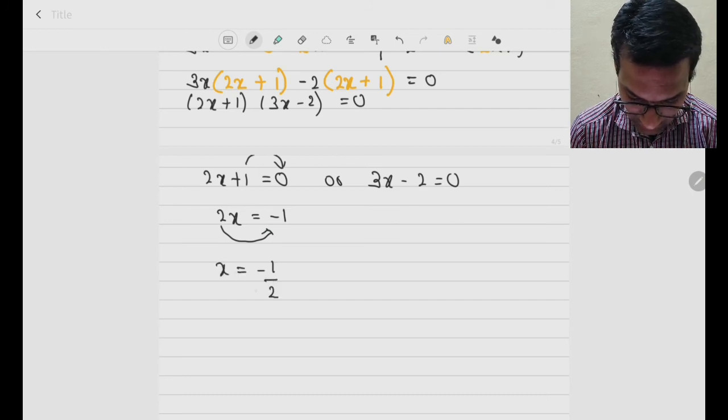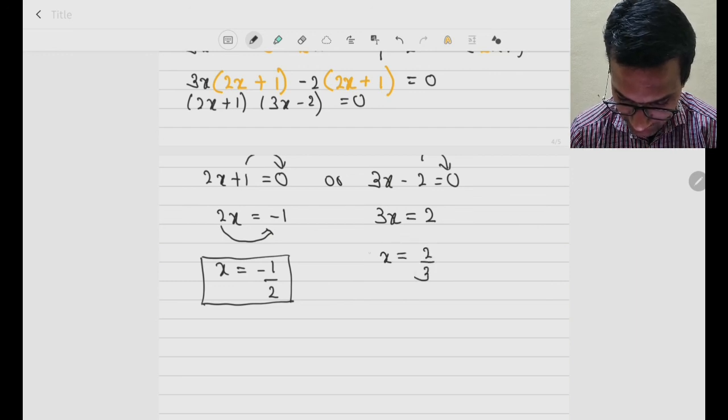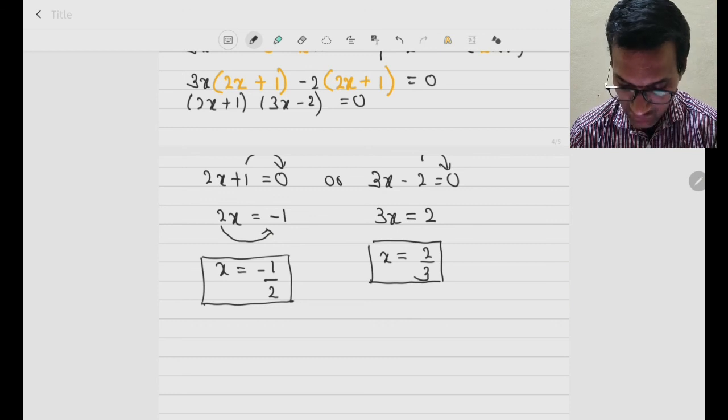It will go in denominator. x is equal to minus 1 by 2. This is one value of x. Again here, if we send this 2 on the other side, it will become plus, and when we send this 3, it will go in the denominator. So one more answer is 2 by 3.